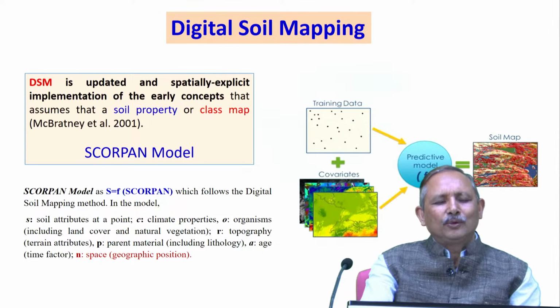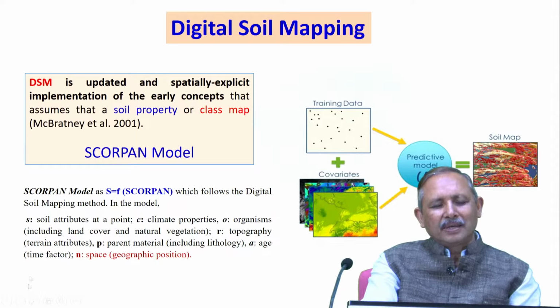We use the soil forming factors given by Jenny as a soil mapping concept, but here we are using the SCORPAN model, defined by McBratney, as a model for digital soil mapping.